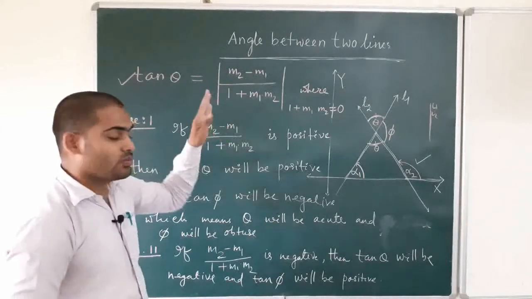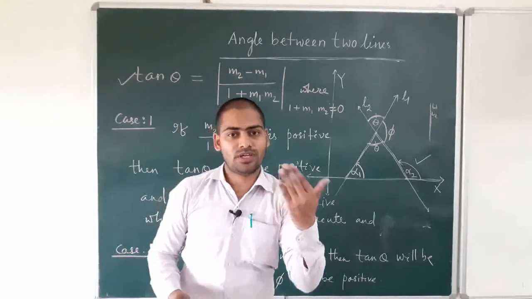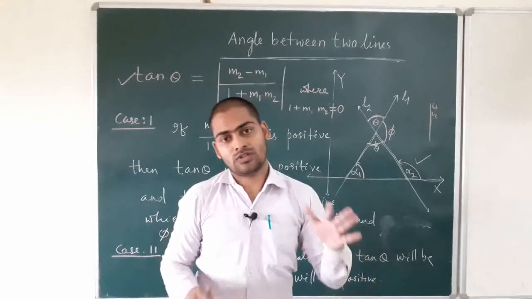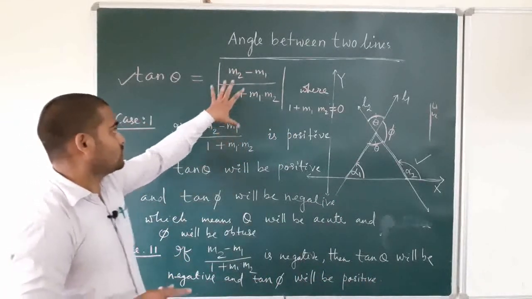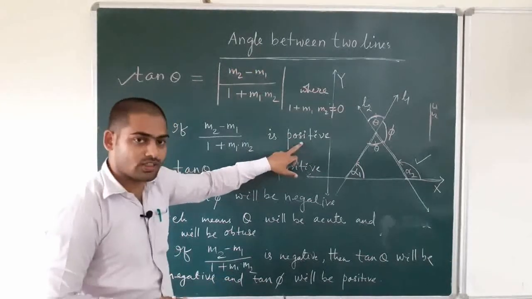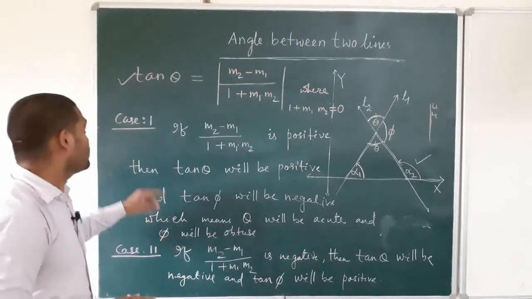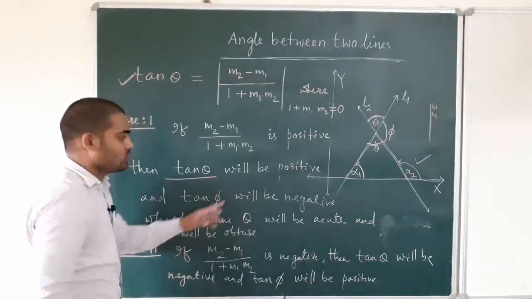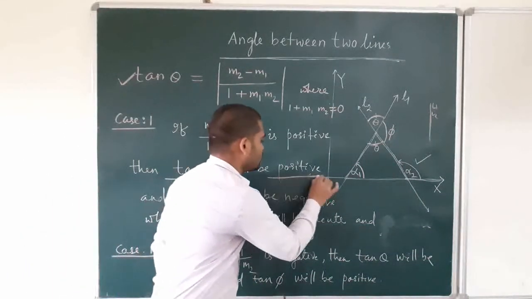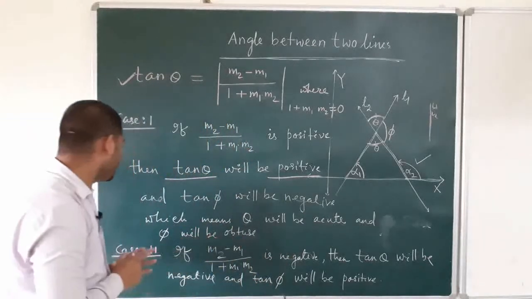This value may be positive, may be negative. So if this value is positive, then obviously this tan theta will be positive. Okay?